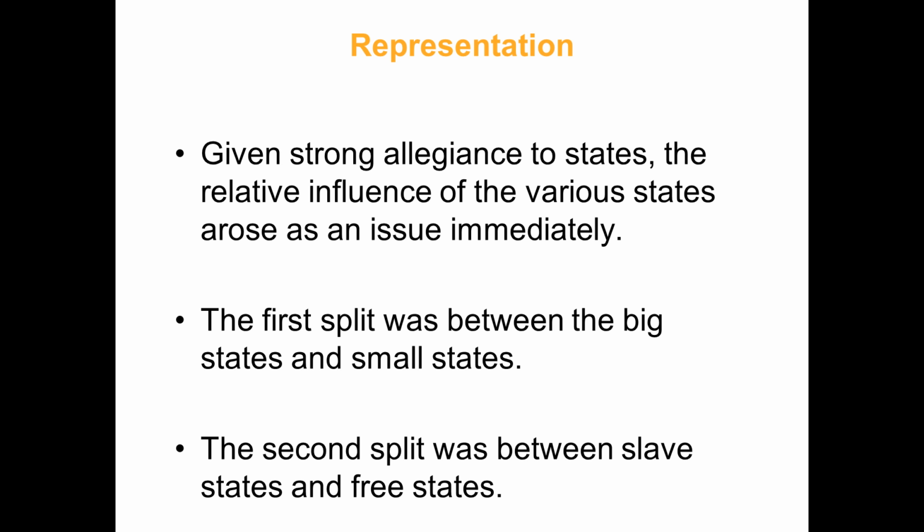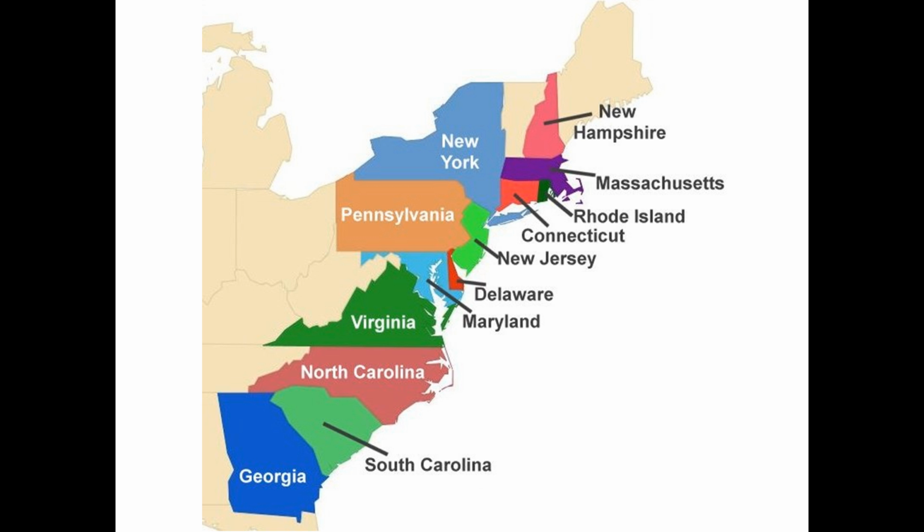And in terms of that, there are two major points of fracture that we're going to talk about. The first being the population size of each state. The second being the status as either being a slave state or a non-slave state. These two topics both cause considerable problems in figuring out a new form of government that would work for enough of the states that it could be implemented.